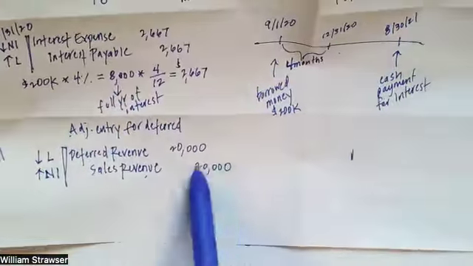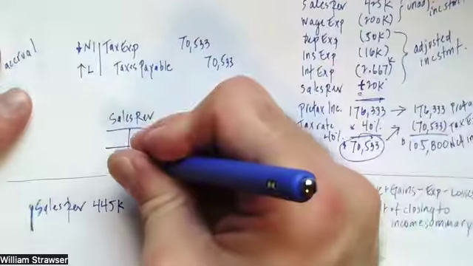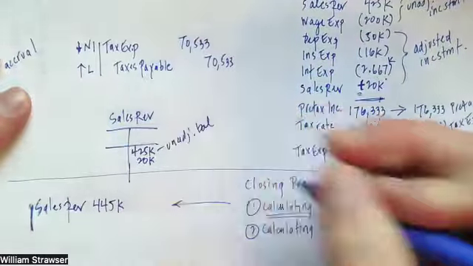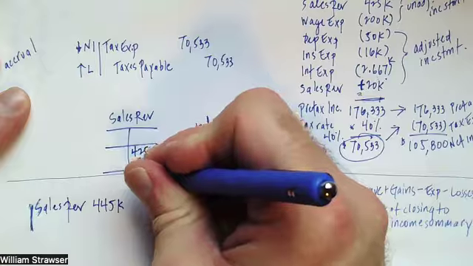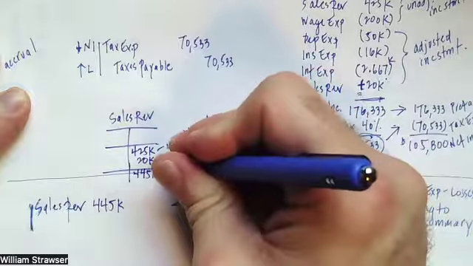So we add 20,000 more to that unadjusted balance. That would have given me a $445,000 adjusted balance.